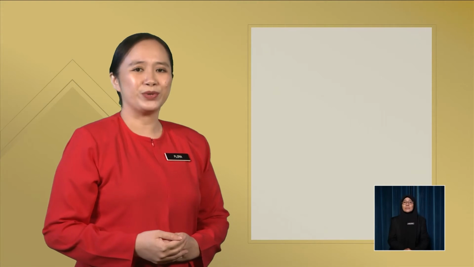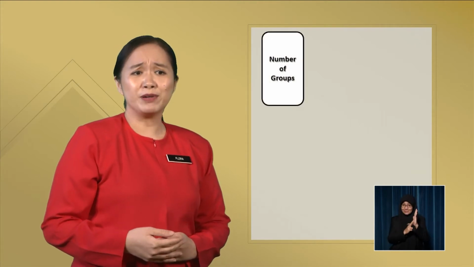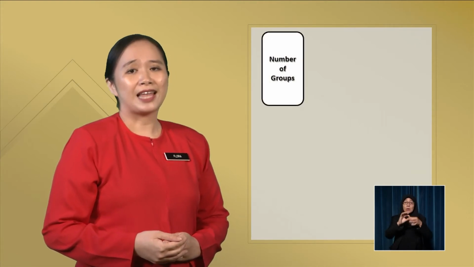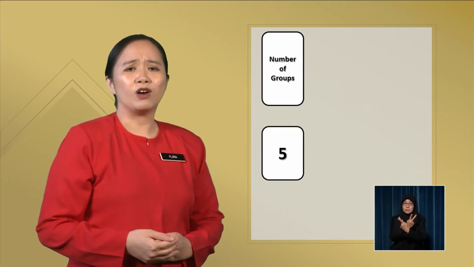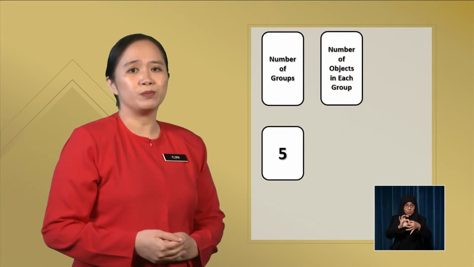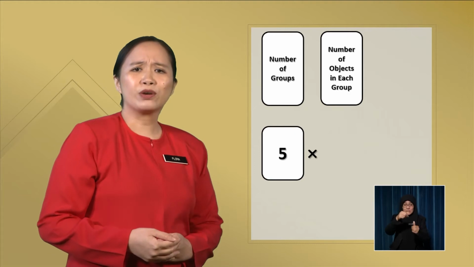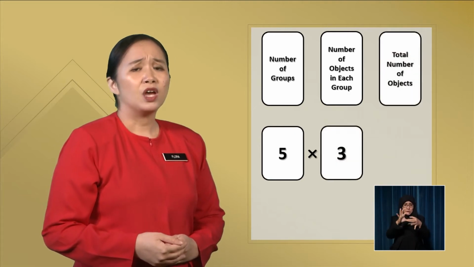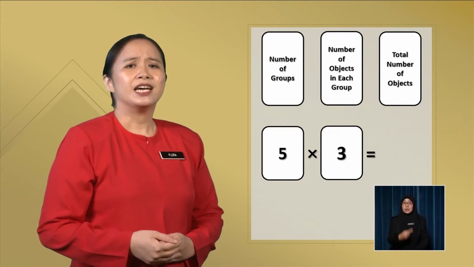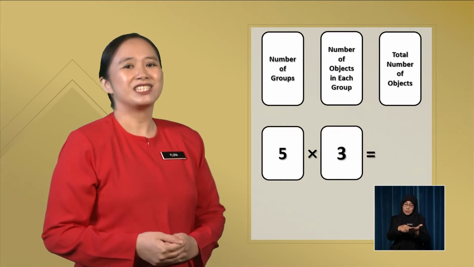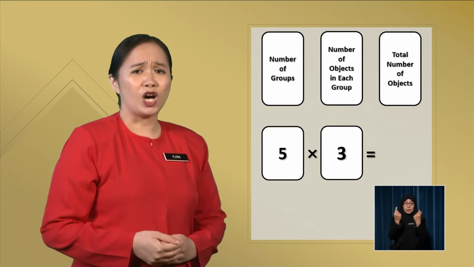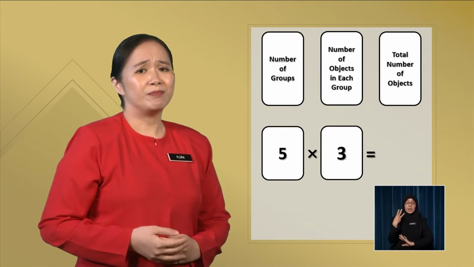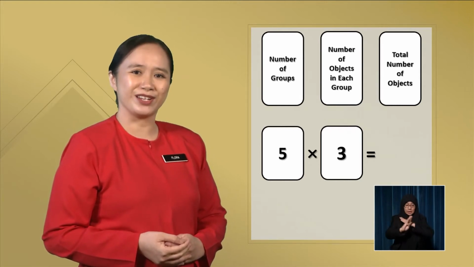Here is the rule. The number of groups times the number of objects in each group is equal to the total number of objects. For this case, the number of groups is 5 because we have 5 baskets of cereals.